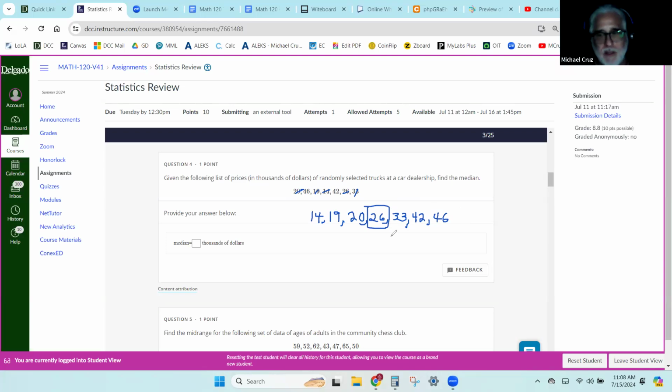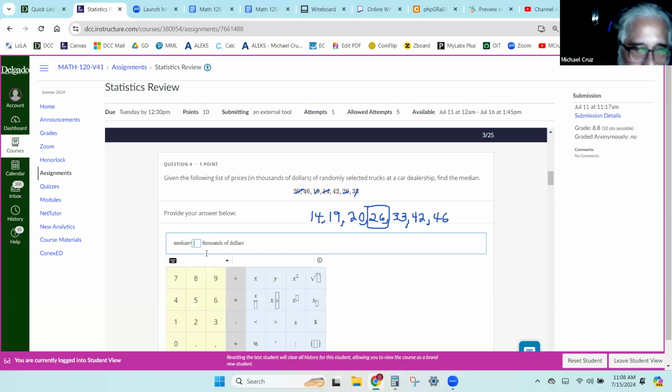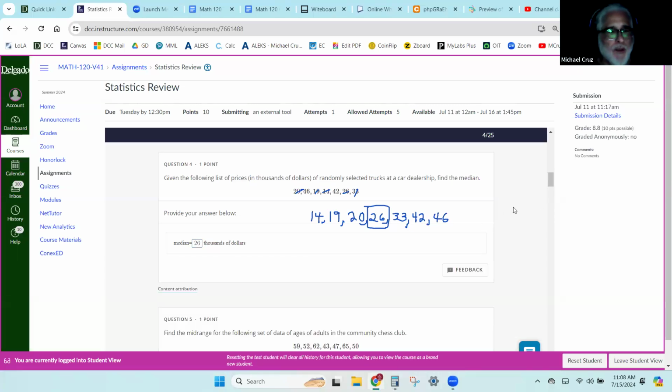The 26 is in the middle. So 26 is the median. Now, if we had an even number of pieces of data, there's not going to be 1 in the middle. You would go to 2 in the middle, and then you add those up and divide by 2.